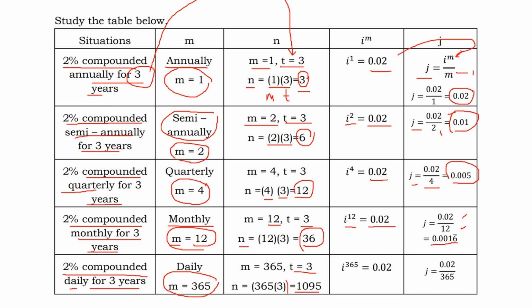Your i raised to 365 becomes 0.02. Then your j now is equal to 0.02 over 365. Whatever the resulting value here, that will be the value of your j.